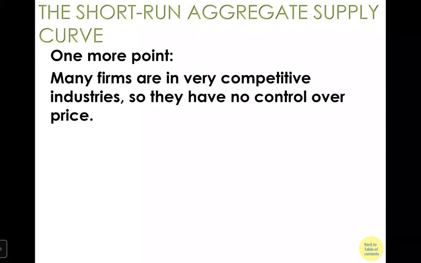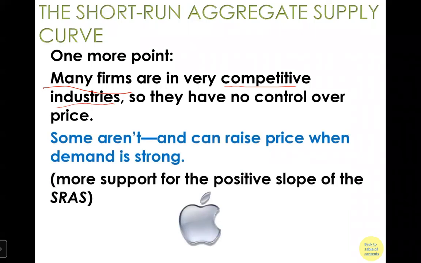Right. So regarding this short-run aggregate supply curve, I want to add one more point. Most firms in our economy are in very competitive industries. Okay? Think about the grocery, right? But in some cases, we have firms that have some market power. Think about Apple, even Google. Okay?